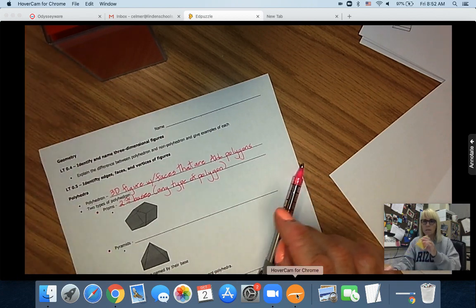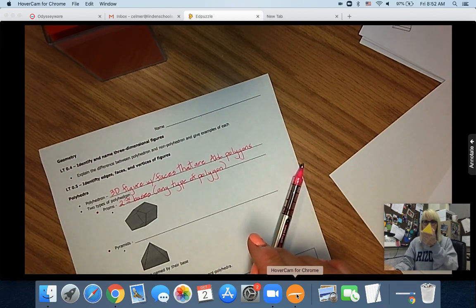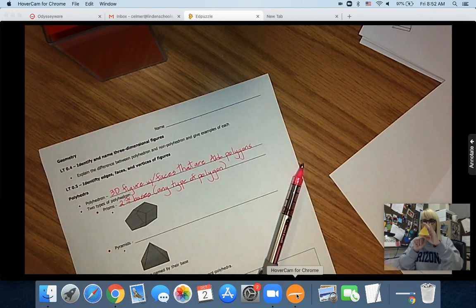Okay, so in the case of this yellow one, the bases are triangles. We have two triangles, one on each end. Okay, and notice that the other faces are what shape? I'm going to pause the video. So my bases are triangles, but my bases can be whatever polygon I want. But the lateral faces, the other faces, what shape are they?